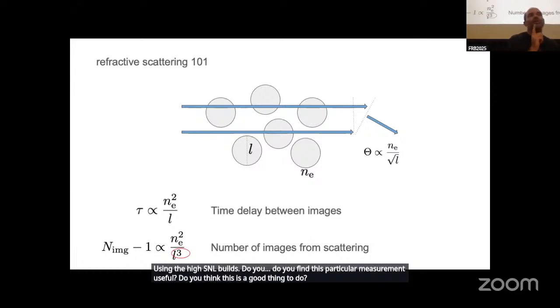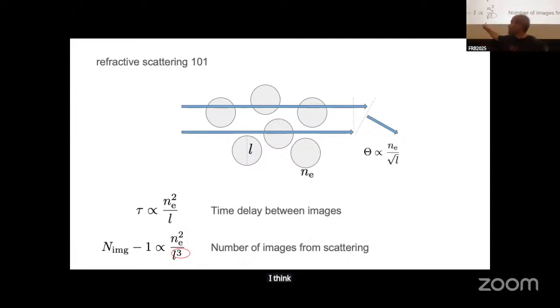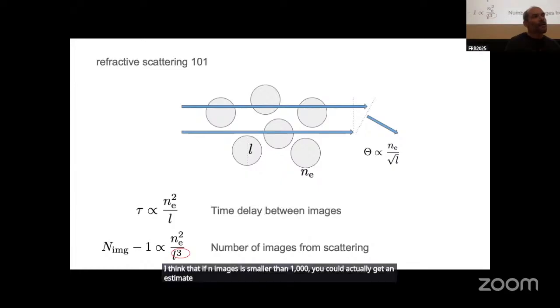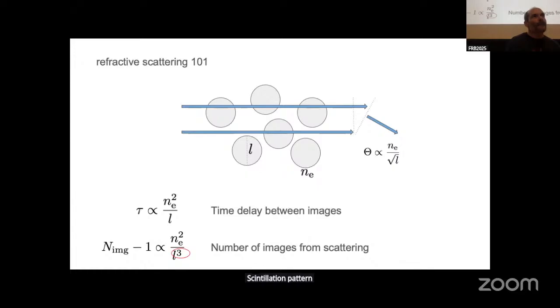Sorry, I missed, you said thousands? I think that if N images is smaller than 1,000, you could actually get an estimate of it from the actual scintillation pattern, from its fluctuations. Okay. Do you find this measurement useful? I would like to know more about this because I have not thought so much about that.